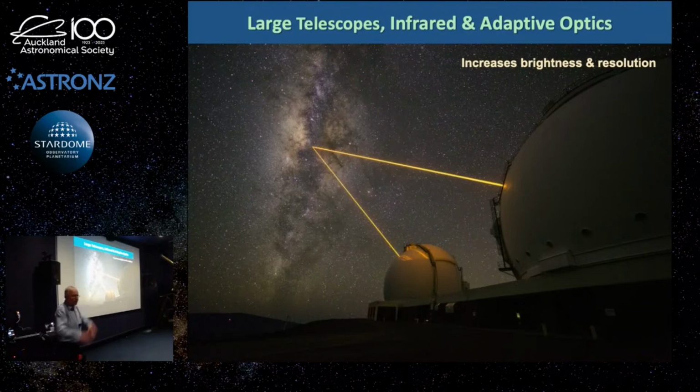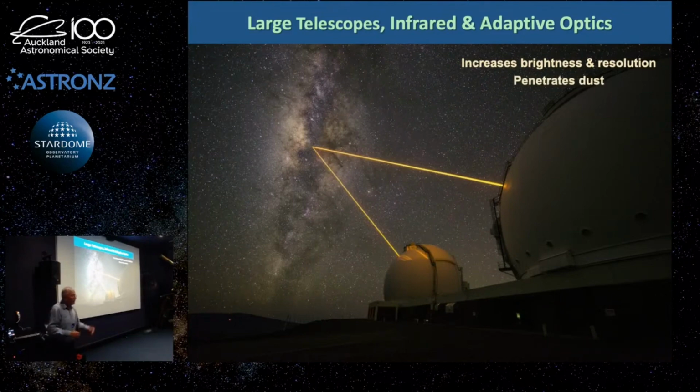Whoa, the size of this room, huge mirrors. If you increase the size of the mirror, you're catching more light, which means images are brighter, so you can see fainter objects, and you can see them with greater resolution or clarity. That's a very important thing. So, the new generation of large diameter telescopes.